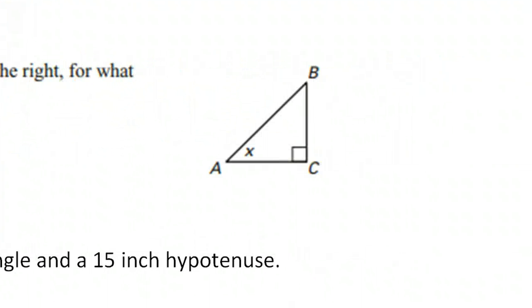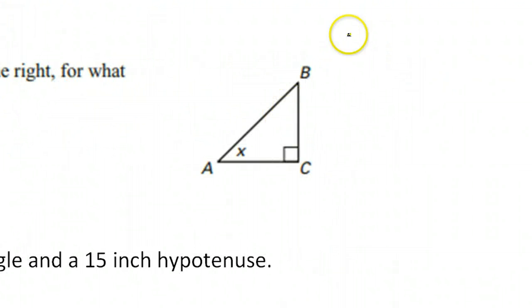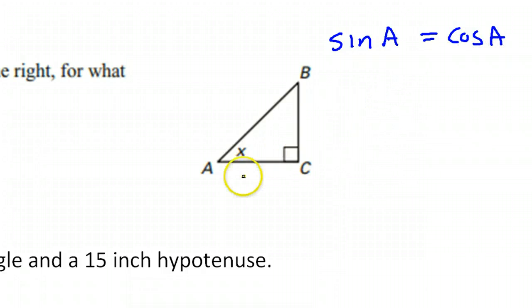They're saying sine A has to equal cosine A. Let's put some variables on here. Let's say that this is n, and this is p, and this is r.